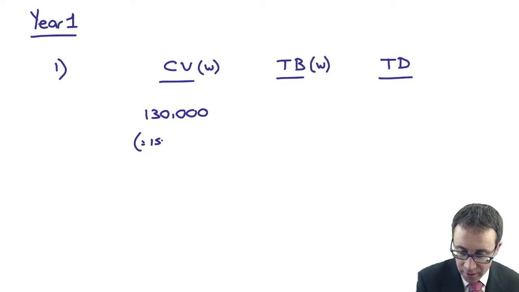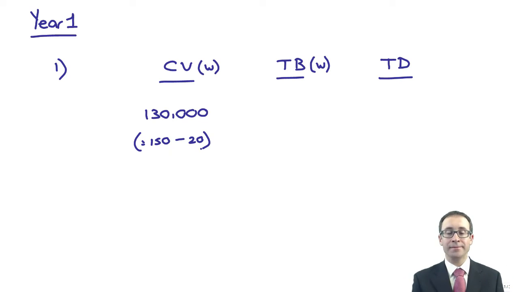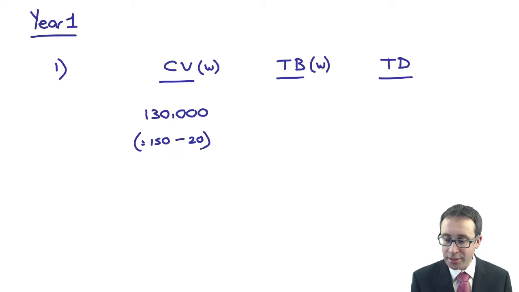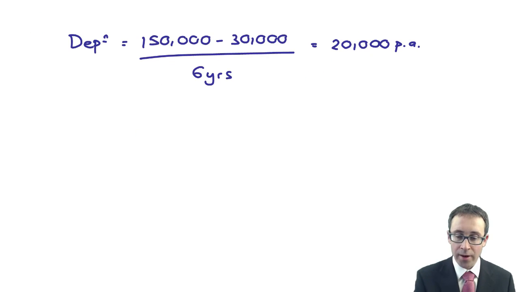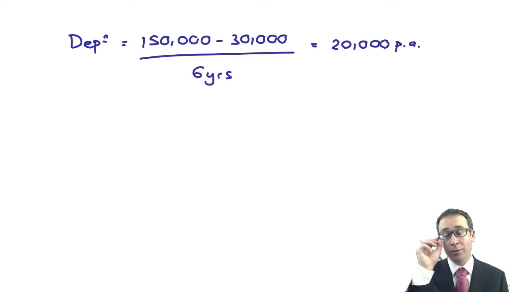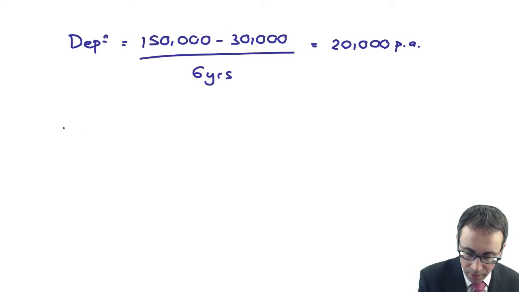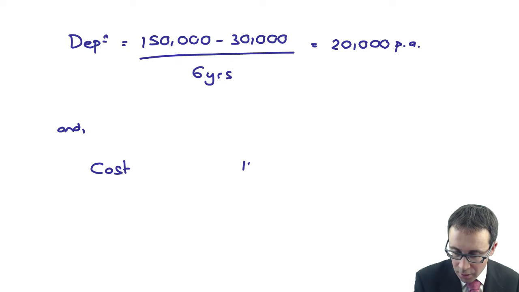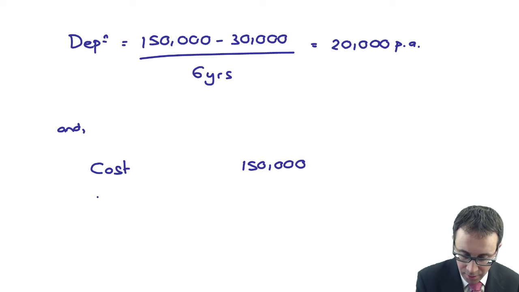That's the 150 less the 20. Okay. In terms of the tax base, we need to go through there and work that out, don't we? So in our separate workings, remember what we've got there is the cost. The cost is there, is it, as 150,000.